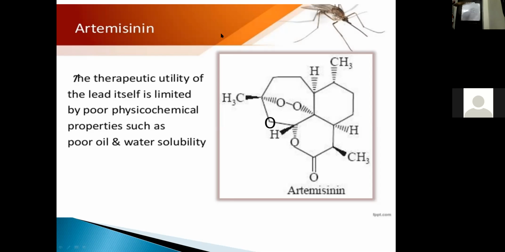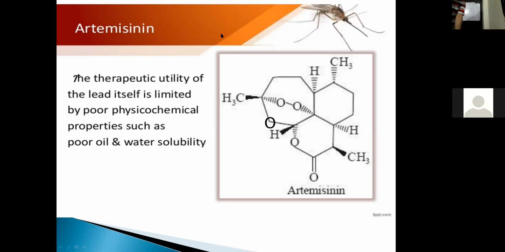Always remember the structure. First draw a 6-membered lactone ring, then draw a 6-membered cyclohexyl ring. In this case, the methyl is next to your carbonyl group. In the second cyclohexyl ring, the methyl is at the 4th position. And in the third ring, the 7-membered ring, it is present at the junction of the trioxane, that is, the connection of the 3 oxygens.